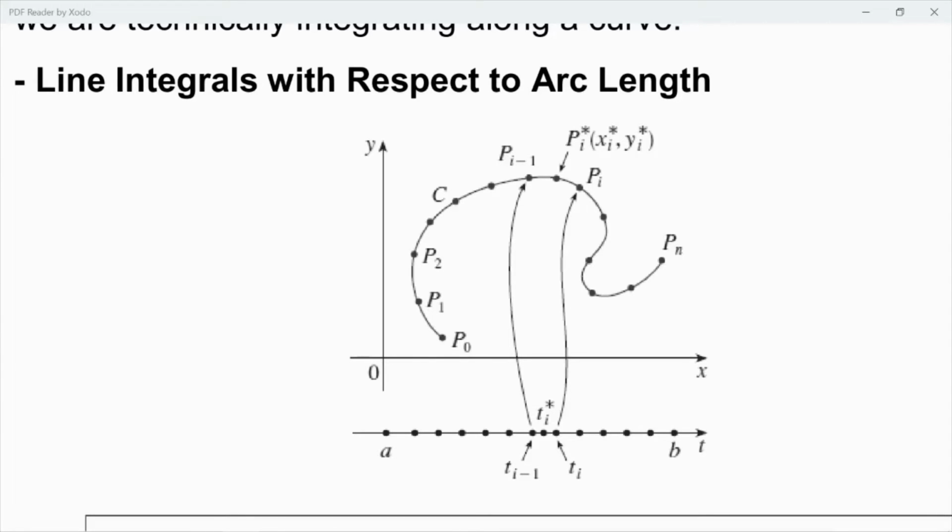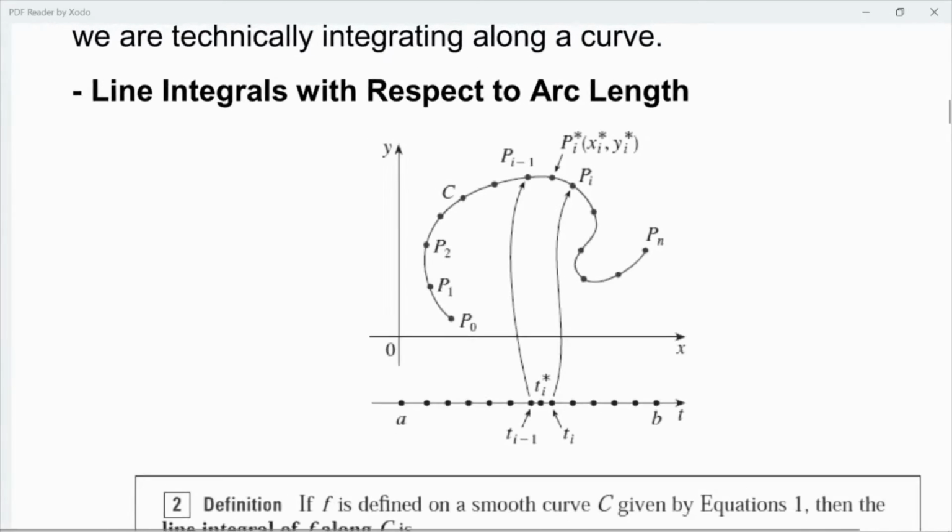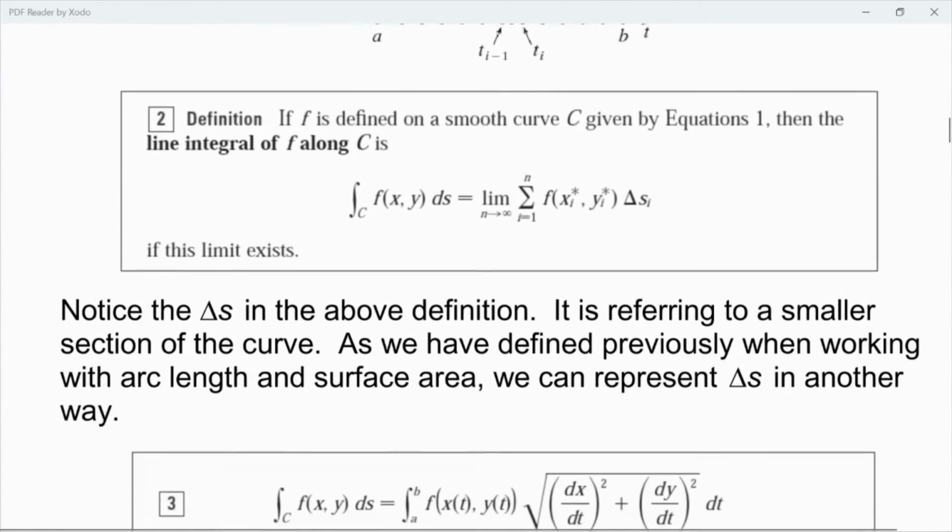So we're also going to end up integrating with respect to t when we integrate with respect to x or y in the end. But when we integrate with respect to arc length, we start by thinking of this as a piece of the length of the curve, and then it converts over into an expression in terms of t. And you'll see what I mean as we go through some examples here.